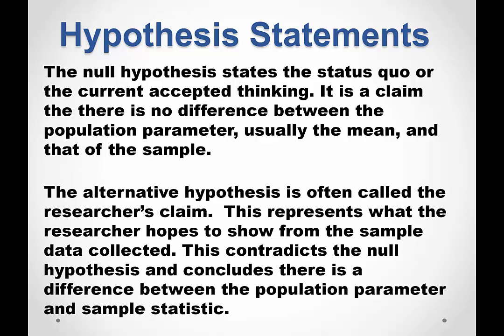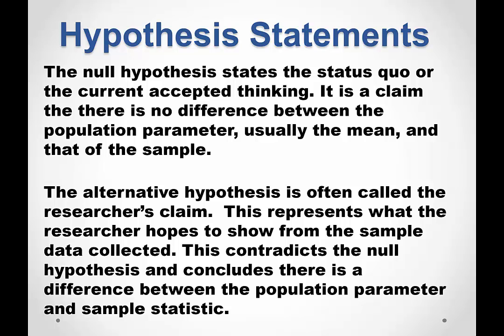Now, the alternate hypothesis is usually called the researcher's claim. And this represents what you or anyone else that's doing a study hopes to show is true based on the data collected. Now, when I say true, remember everything in statistics is based on probability.